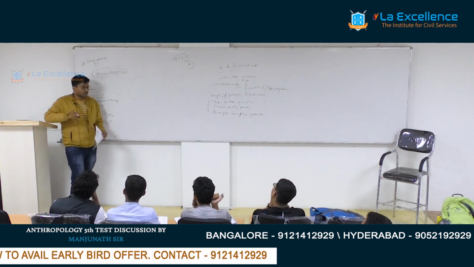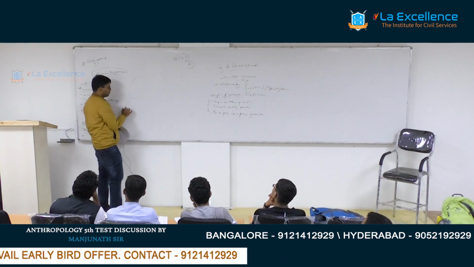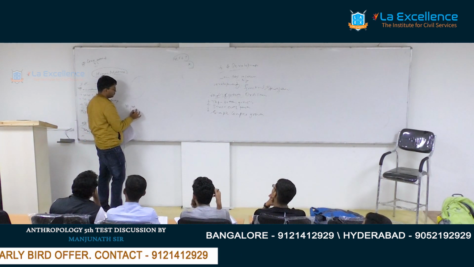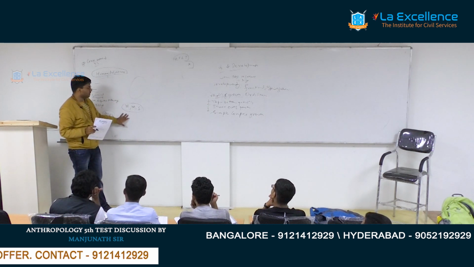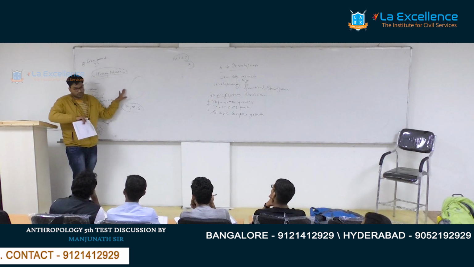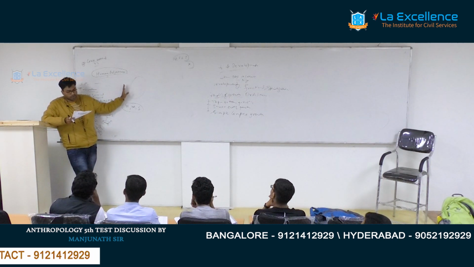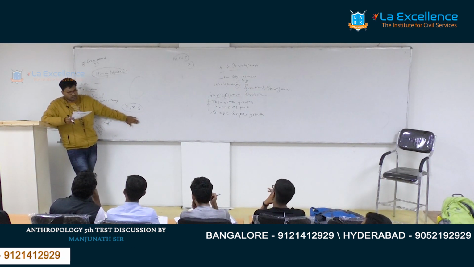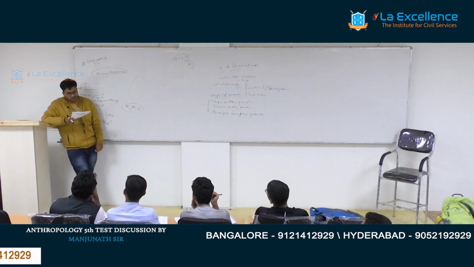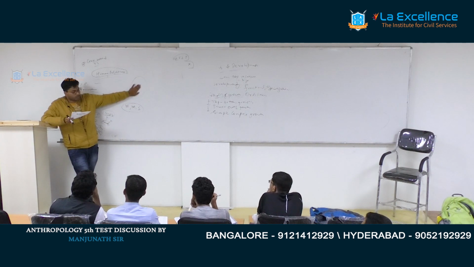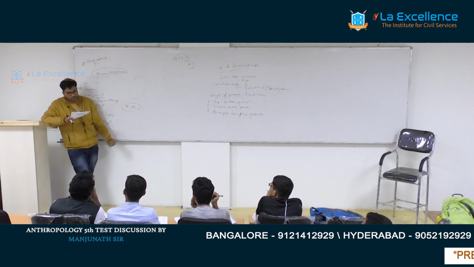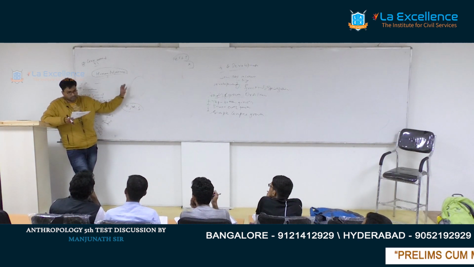We discussed mutation, migration and selection. These are the three things which cause variation. If these three variation-creating factors, migration, mutation and selection, are absent, then this entire population is in a stable genotypic frequency. There is stability in the population. That is Hardy-Weinberg law.